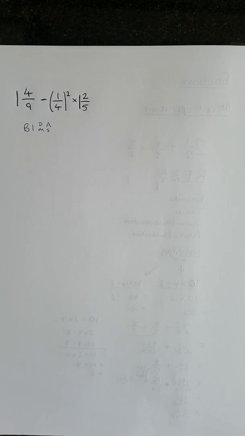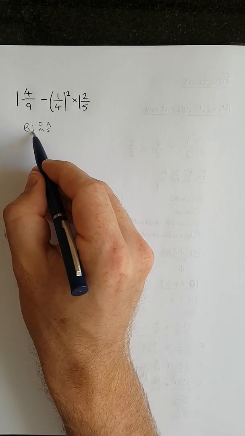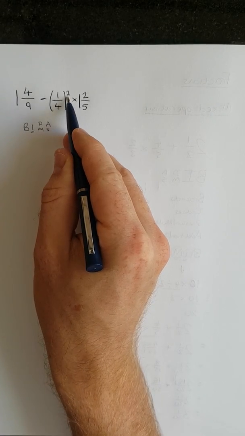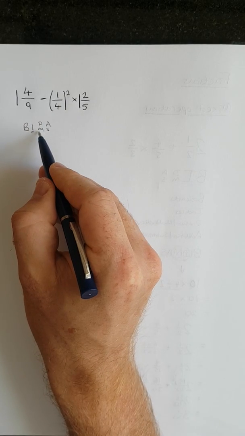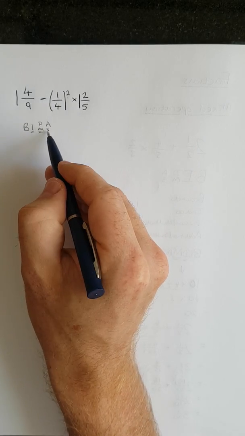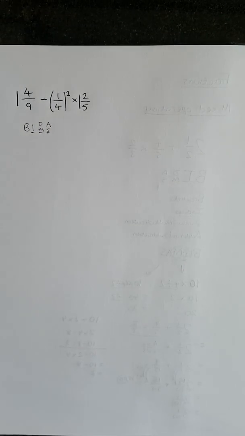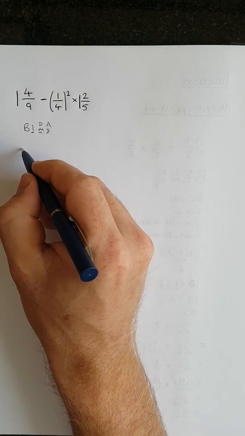Which one do I do first? I've got indices, I've got multiplication, and I've got subtraction. So, indices it is.